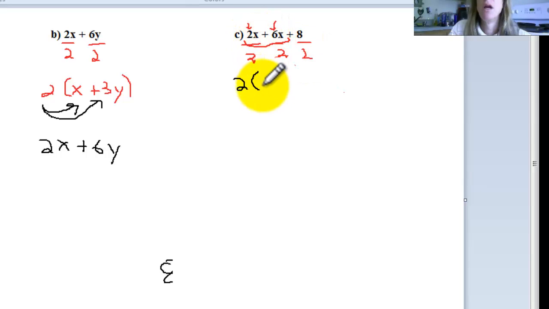So you would then get x, because that cancels, and you divide 2 into 6, which is 3x, so you have 3x. And then 8 divided by 2, that would be plus 4.